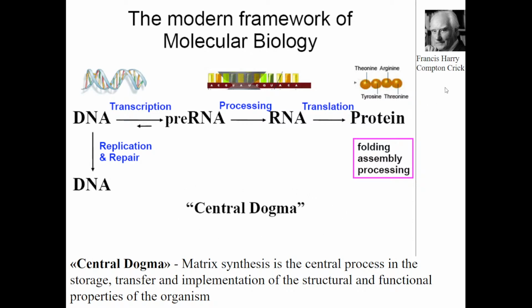This term was coined by Francis Crick, a really genial scientist, and it is based on matrix synthesis, when information is stored in DNA and realized as protein. Sometimes it is finished by RNA, for example, ribosomal RNA, and sometimes any other.